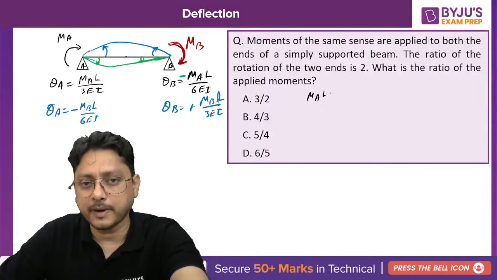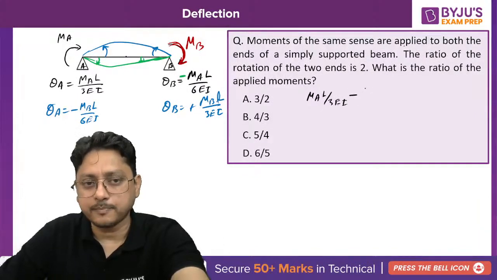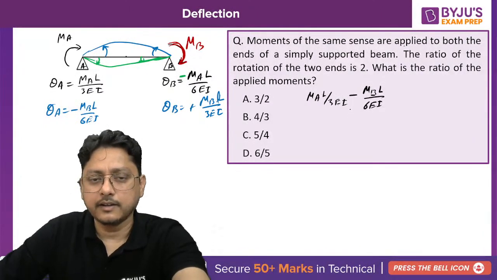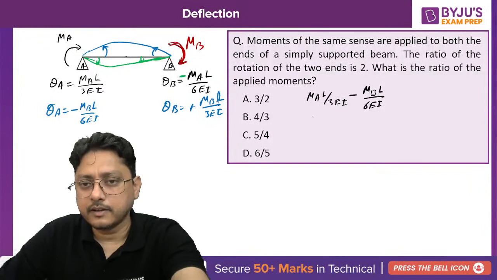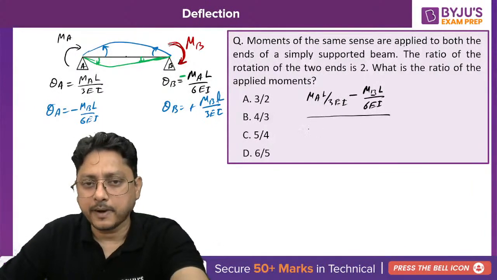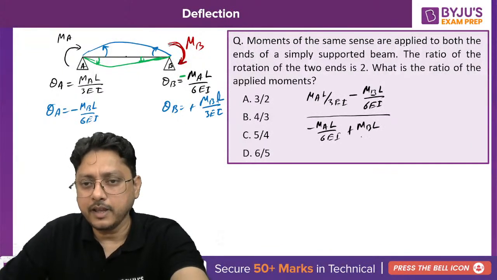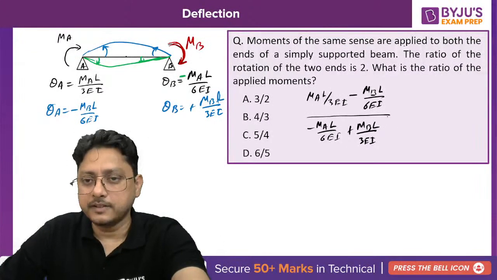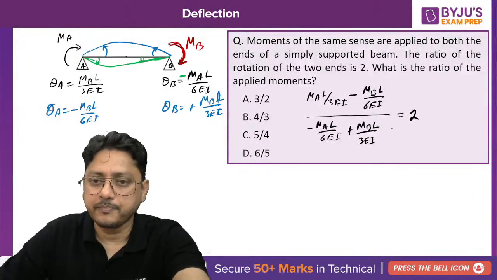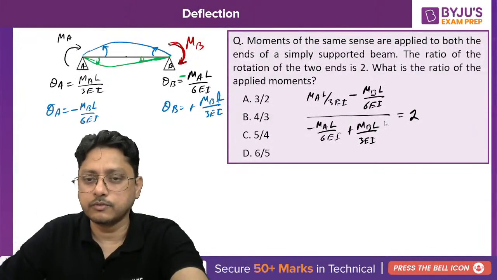M_A L by 3EI, minus M_B L by 6EI, divided by what is here: minus of M_A L by 6EI and plus of M_B L by 3EI. This is what he has said, it is equal to 2.